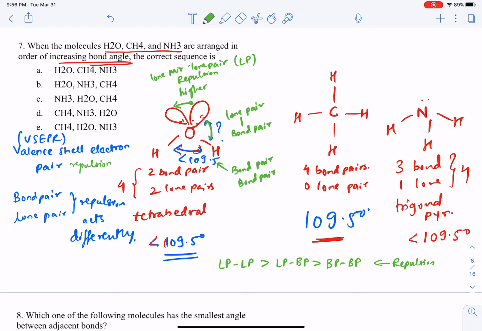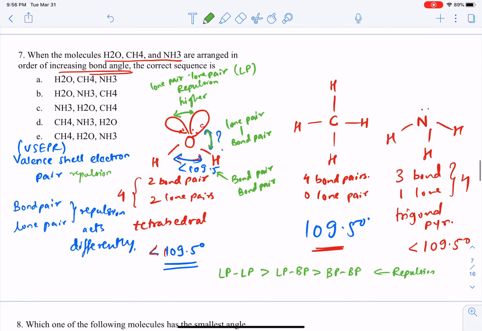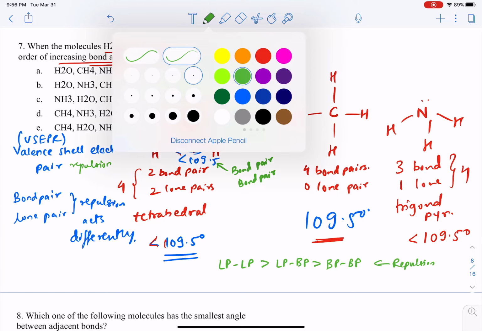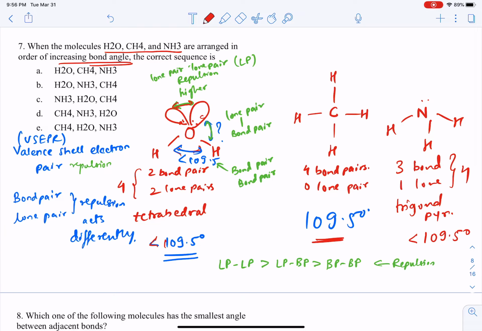VSEPR. So what happens because of this is the highest repulsion between these two lone pairs forces the bond pairs to move aside and forces the angle between these two edges to decrease to less than 109.5.